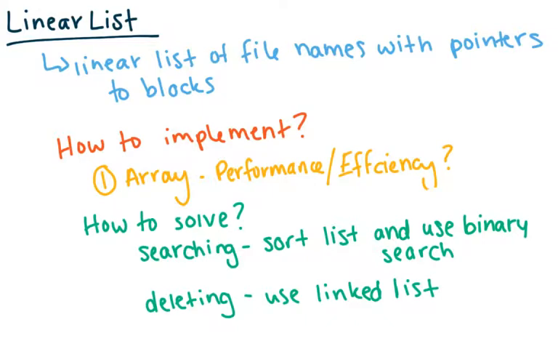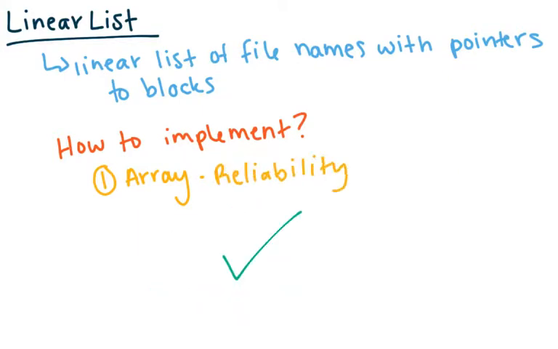Then when you need to search, which was whenever we created or deleted something, we could use binary search, which is log n, so it's faster than a linear search. For deleting, we could use a linked list, which leads us to the next one, where we'll talk about how to implement this with a linked list.